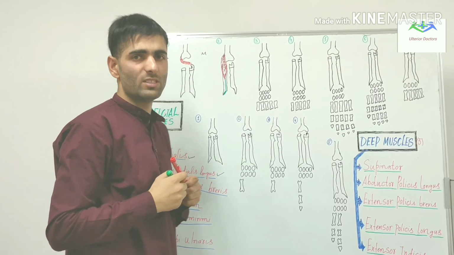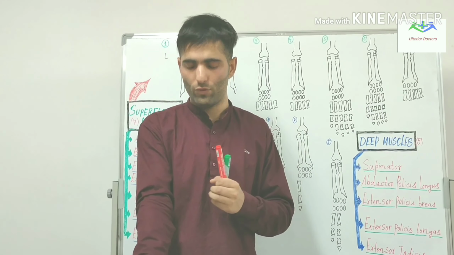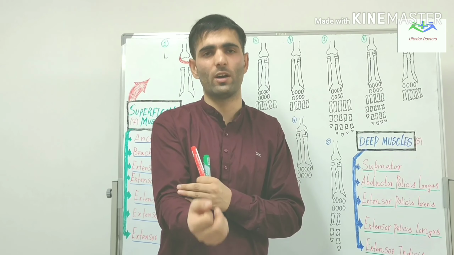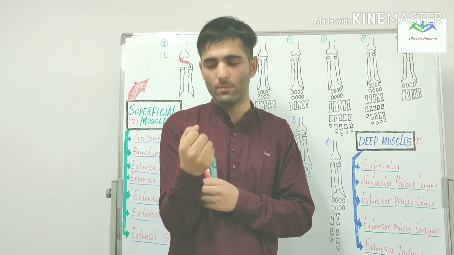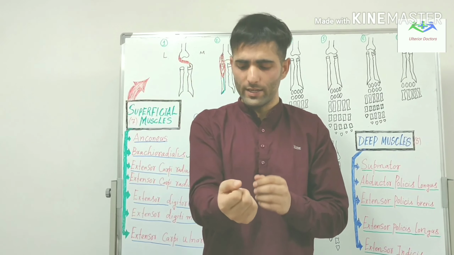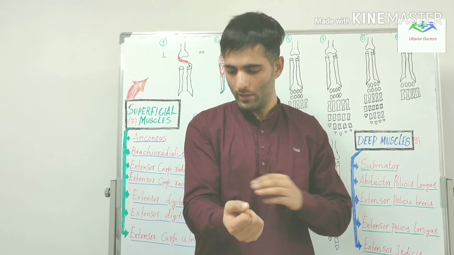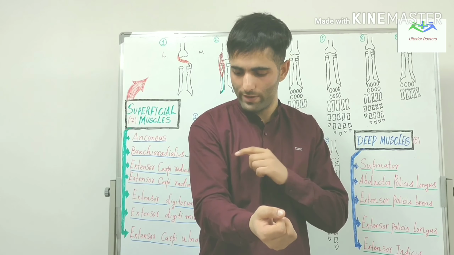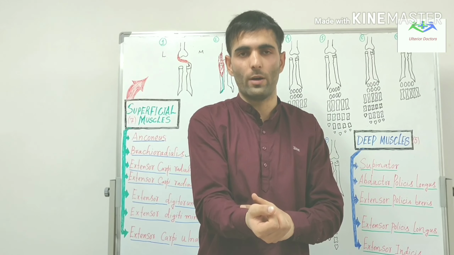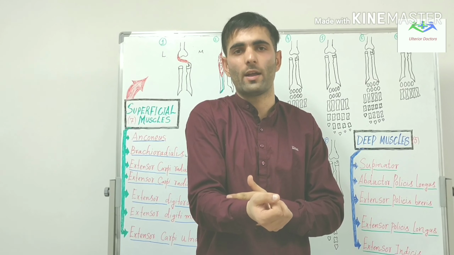And the action of this muscle: the first action is the flexion of the arm, and the second action is when the muscle is in the mid-prone position. Mid-prone position means when the arm and the forearm make a 90-degree angle.